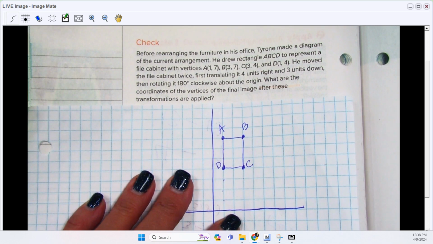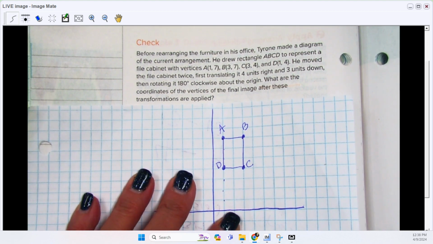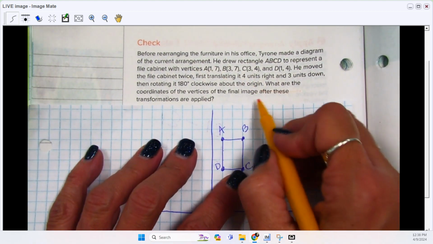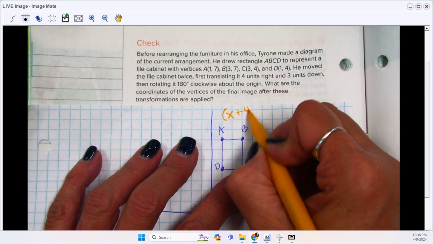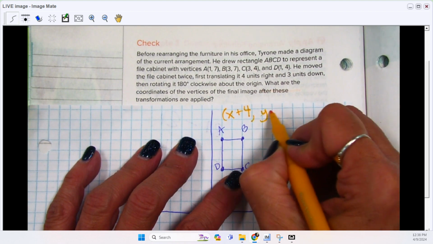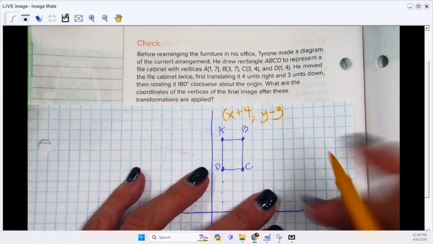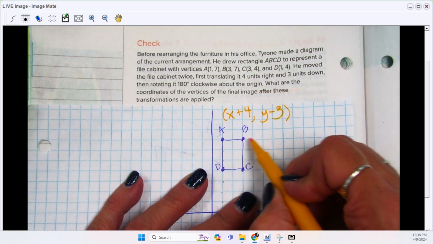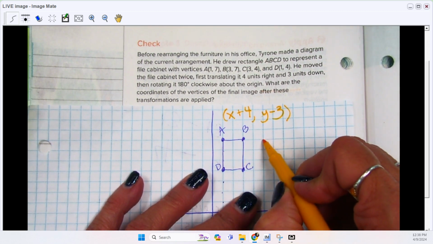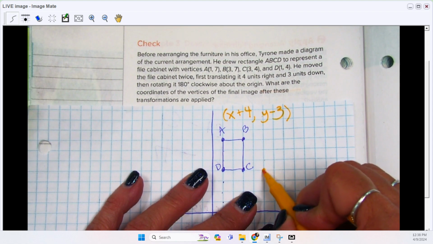Awesome. So then it tells us that we are going to translate this 4 to the right, so that's positive, and 3 down. Okay, so 1, 2, 3, 4, and down 1, 2, 3.